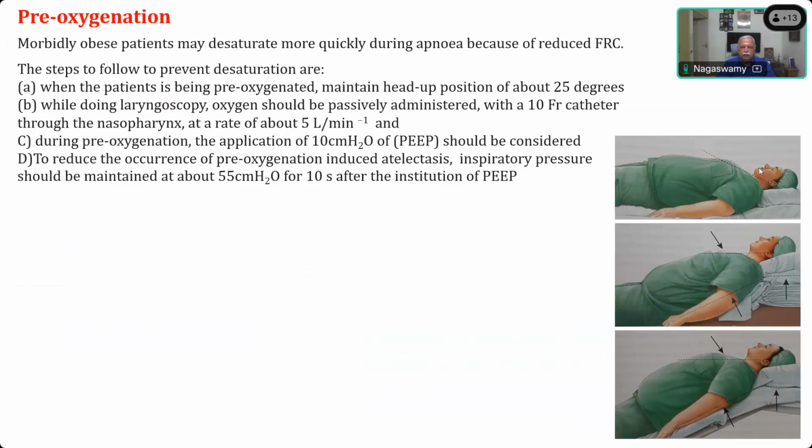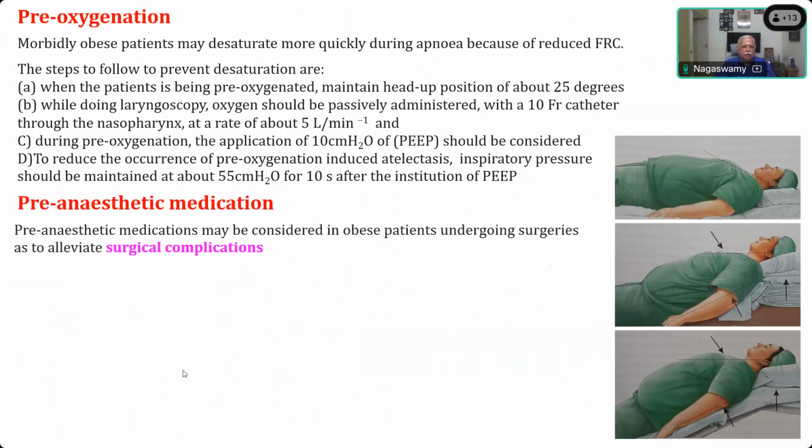Now imagine doing a laryngoscopy in this position, your hand is likely to hit the chest, especially if the patient is female and has a huge breast mass, then it will be very difficult even to introduce the laryngoscope blade. So always remember this position, which is called the ramp position or head up elevation position, which is HELP position also.